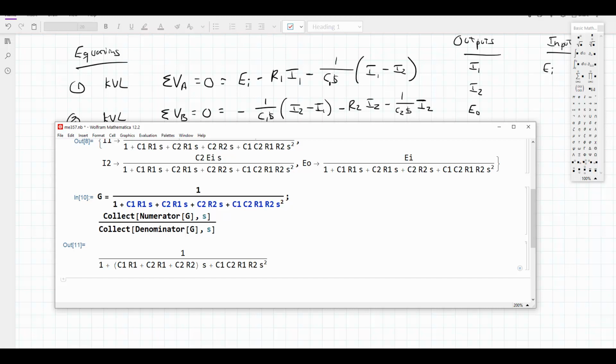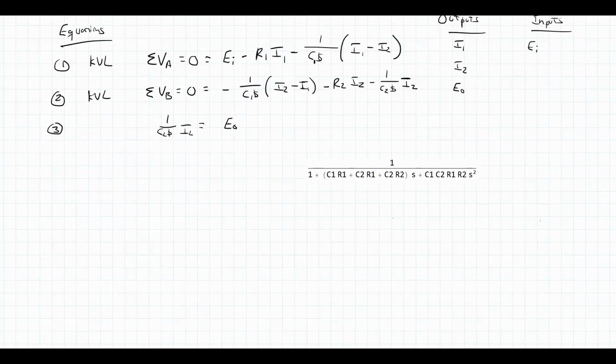Okay, so Mathematica gave us the output, but we want to put this in descending order of the powers of S. So this is E out over EI, the transfer function we wanted. So the numerator is fine, 1. And now I just have to reverse the order here, C1, C2, R1, R2, S squared.